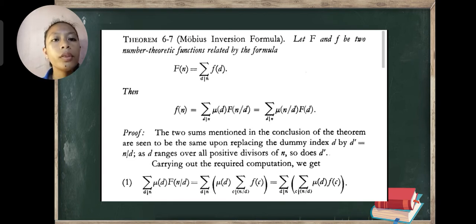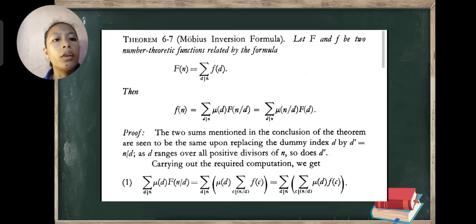Proof. The two sums mentioned in the conclusion of the theorem are seen to be the same upon replacing the dummy index d by d prime equal to n divided by d. As d ranges over all positive divisors of n, so does d prime.